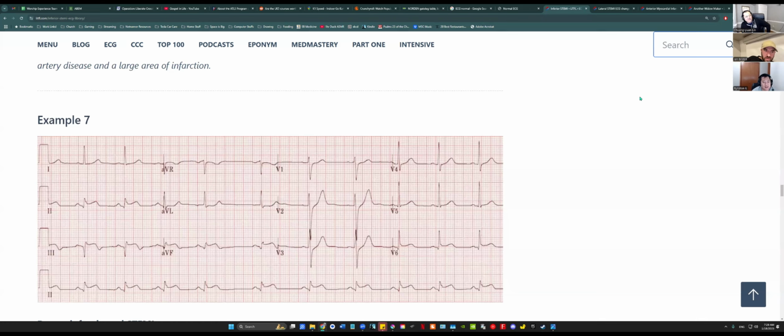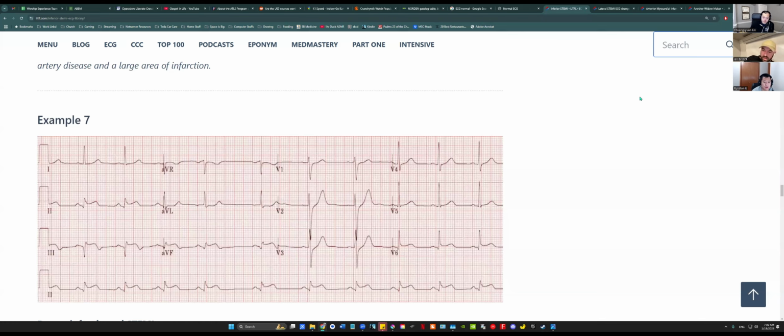I see something in 2, don't I? Yeah, I'm seeing that too. And then 2 and 3 for sure. That's definitely ST elevation in 3, and I'm trying to find the reciprocal changes in aVF.